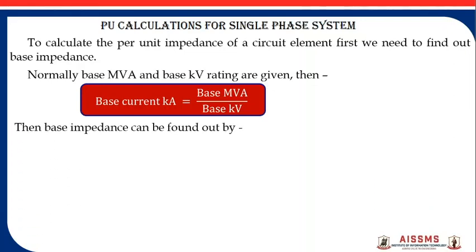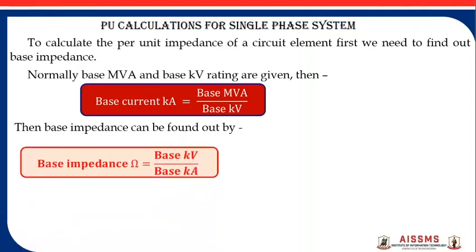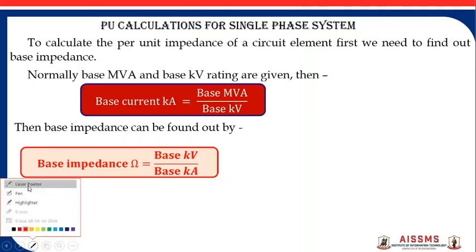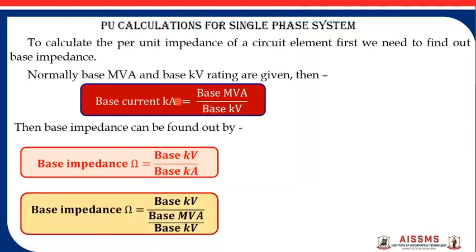Then base impedance can be found using the formula: base impedance, in ohms, is given by base kV divided by base kiloampere. As we know the base kiloampere, I will replace it by the earlier equation, so base impedance will be base kV divided by base MVA divided by base kV.